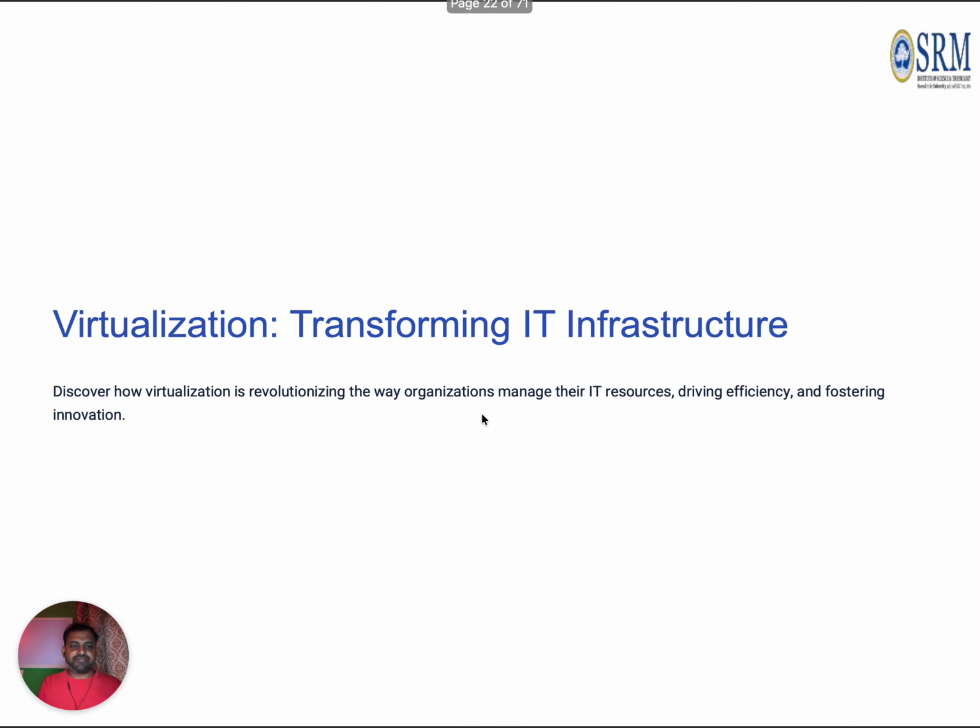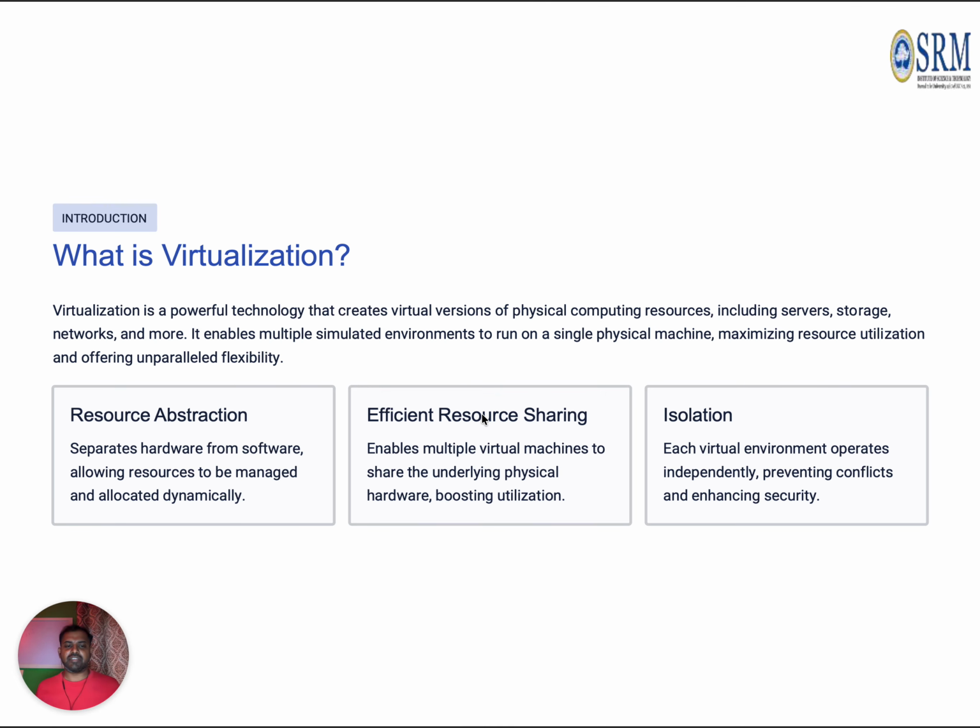So now we are coming to the real part that comes under system software. The first two things we are going to cover briefly in this first unit are virtualization and then containerization. Virtualization is a very simple thing.